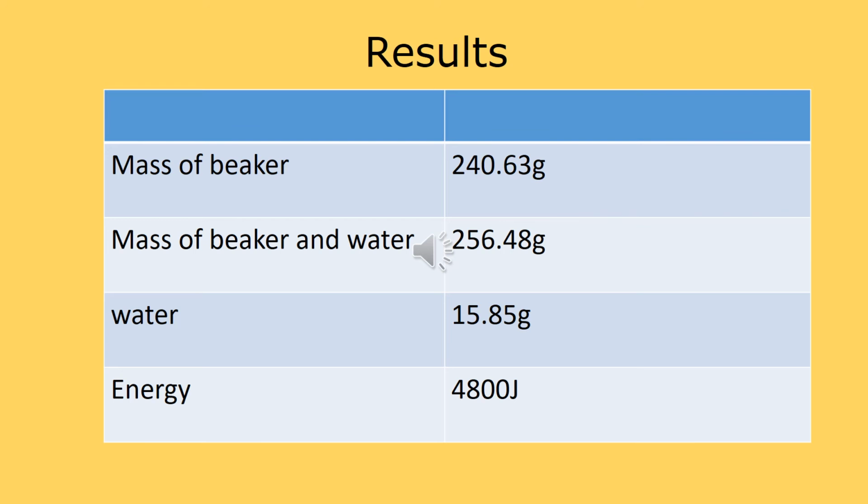That means we'd collected 15.85 grams of water, i.e. 15.85 grams of ice had been melted. And to do that, we used 4,800 joules. Now we're going to use these results to calculate the specific latent heat of fusion of ice.